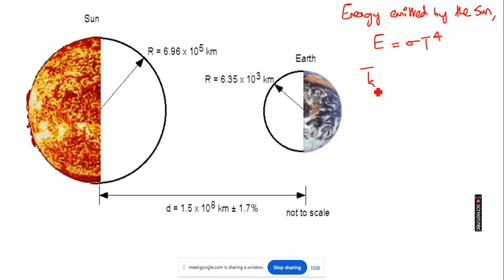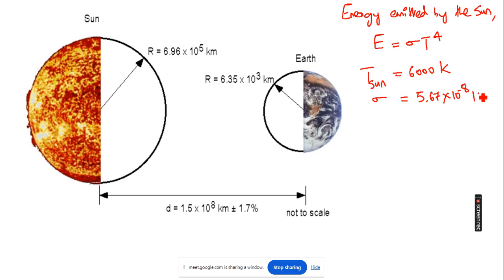Let's assume the temperature of the Sun is approximately 6000 Kelvin. And sigma is basically 5.67 into 10 raised to minus 8. I forgot the units.